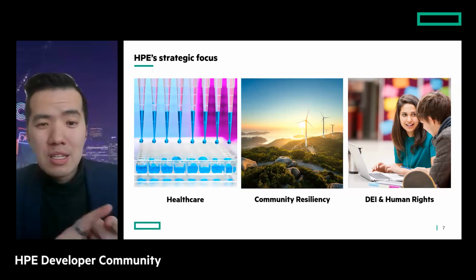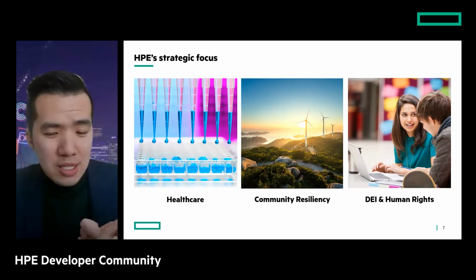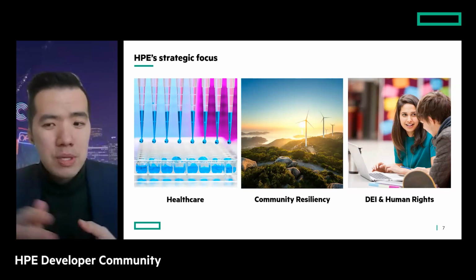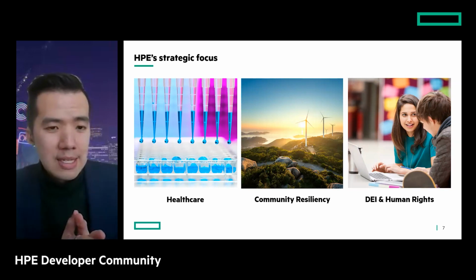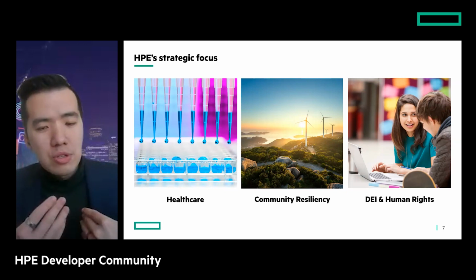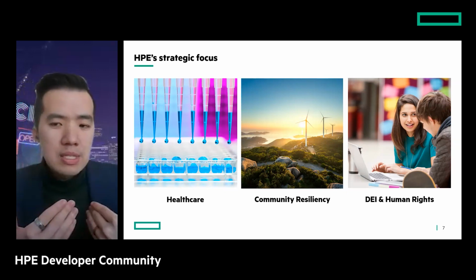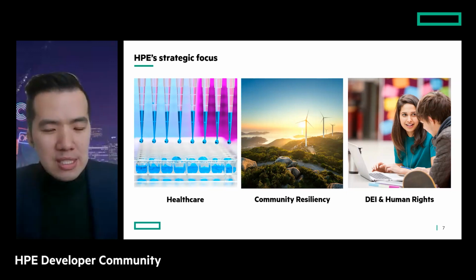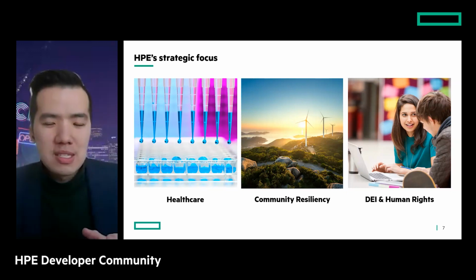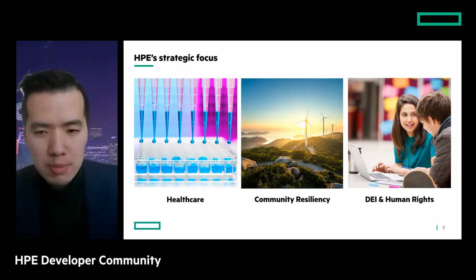With this, we mean clean and affordable energy, but also disaster resiliency. And the third pillar is diversity, equity, inclusion, and human rights. And I'm a firm believer that sustainability and being a force for good isn't just good for business, it is good business. And we'll take a look at a couple of ways this might be true.